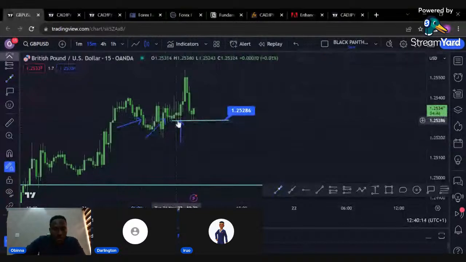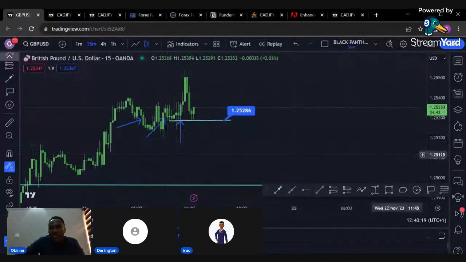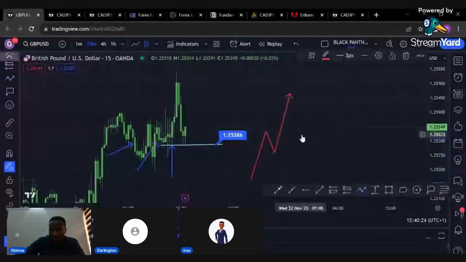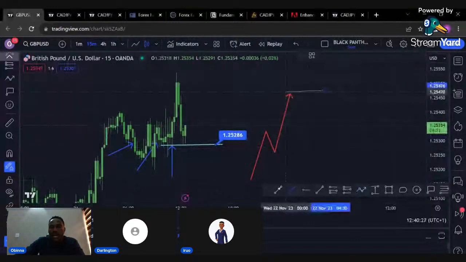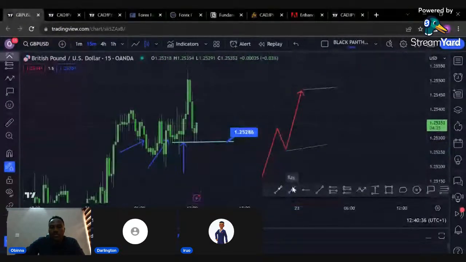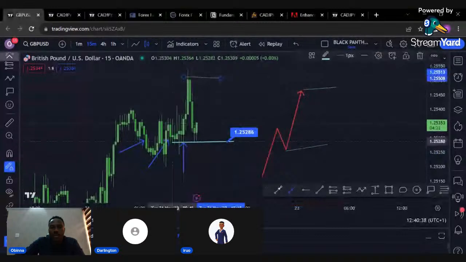Basically, if you do a lot of backtests, it will help you understand that the market moves like this. It's only when you see a push. So this is where the higher high is, then you know that price has established a higher low. This place here is the push, so that means this area here is the higher low.